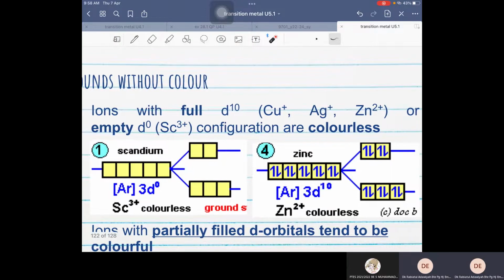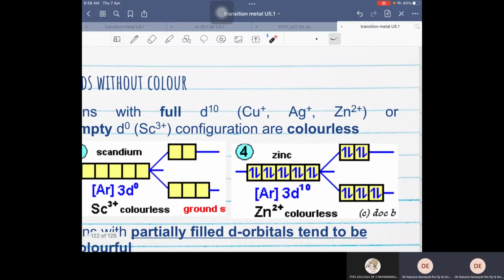For zinc, the zinc atom's electronic configuration is 4s2 3d10. Zinc ion, Zn2+, means you lose the 2 electrons from the 4s orbital. So the electronic configuration is 3d10. Notice that I'm only interested in the d orbitals, because the color is due to the absorption, the excitation or the promotion of the electrons.